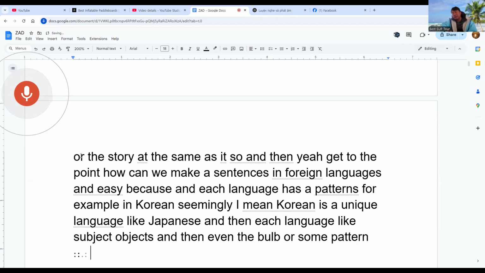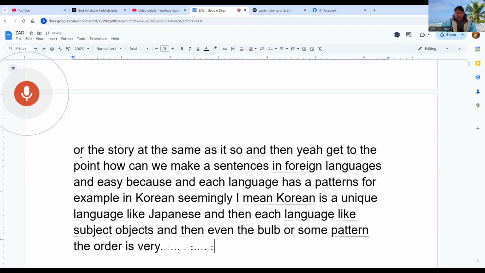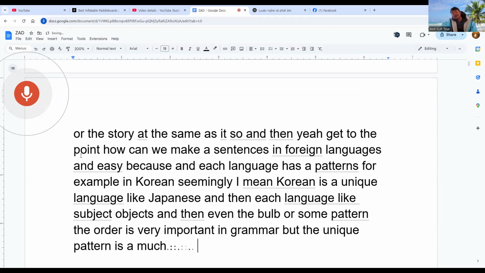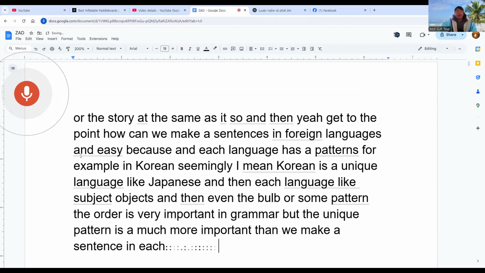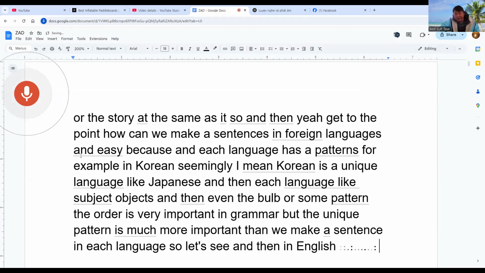The order is very important in grammar, but the unique pattern is much more important when we make a sentence in each language. In English, there is also a pattern.